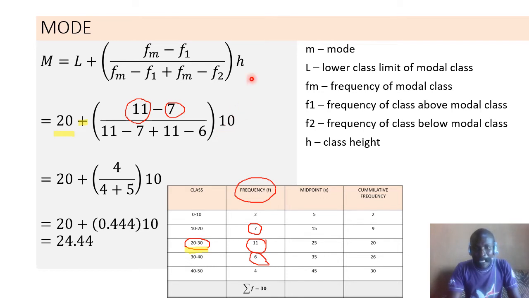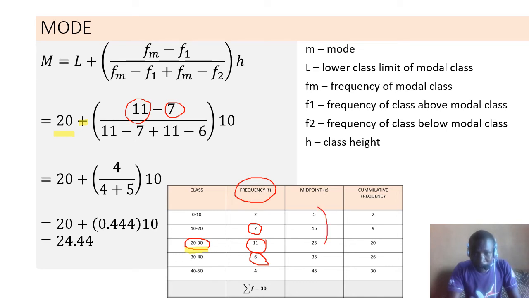now we multiply by H. How do we get H, the class height? I advised us to use midpoints so that we can easily determine the class height or class width. Now you look at this, we start from 5 to 15, then 15 to 25.